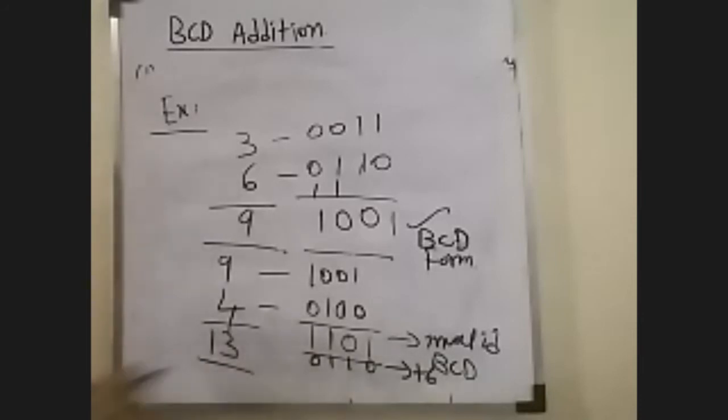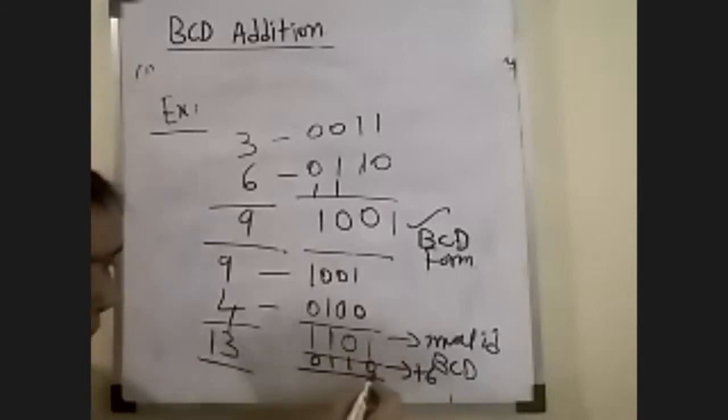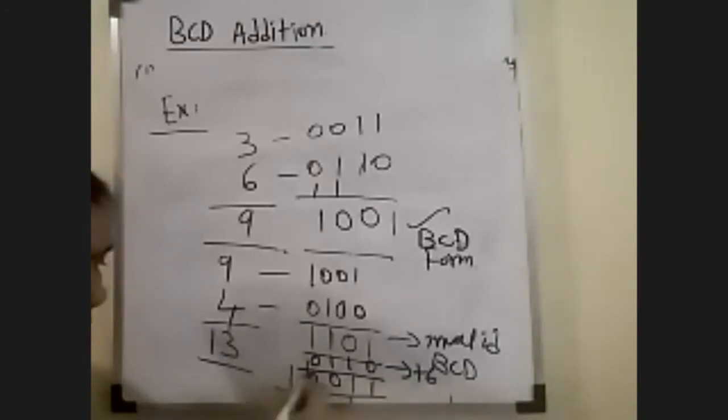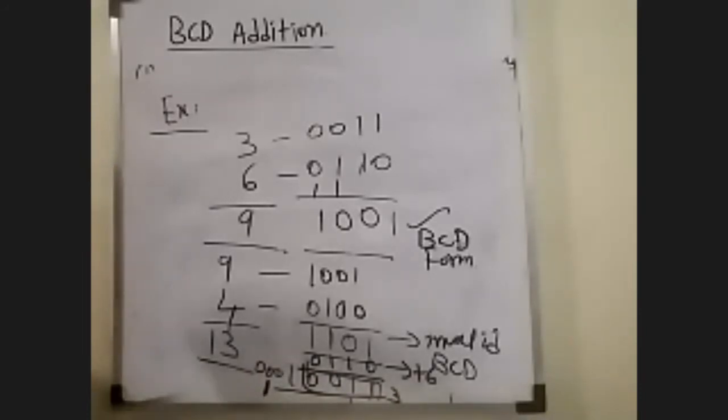Then you will perform the addition. 1 plus 0, 1. 0 plus 1, 1. 1 plus 1, 10. 1 plus 1, 10. So this is the 3 value, right? And here you can place the remaining values as zeros, then it is the 1 value. Is it clear? 13 is the value. Is it clear or not? Invalid BCD numbers.